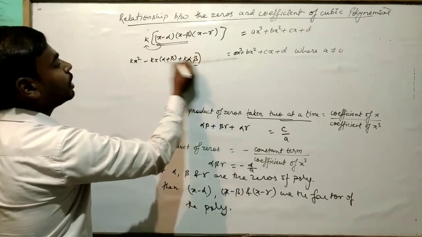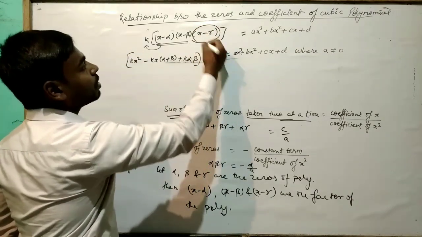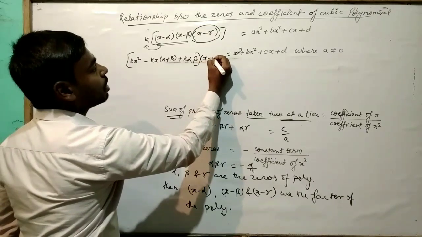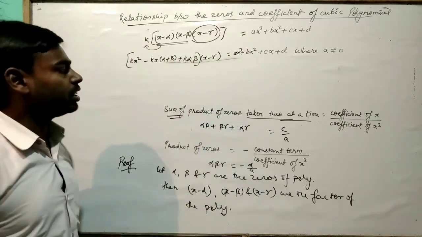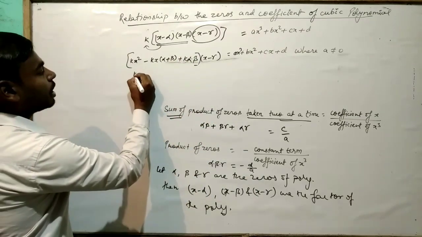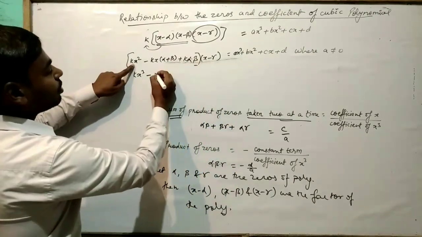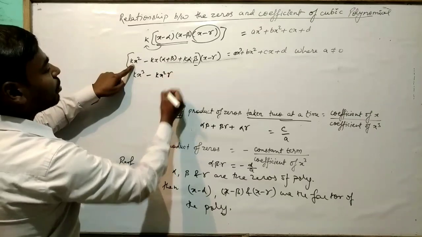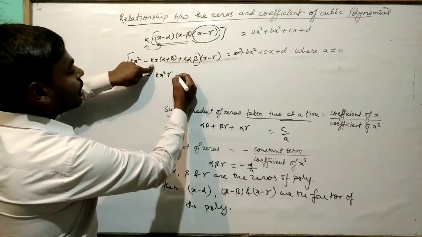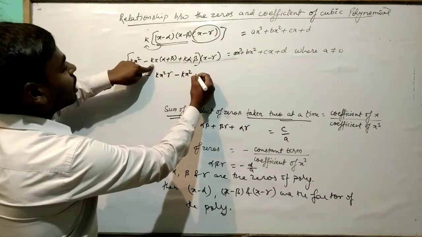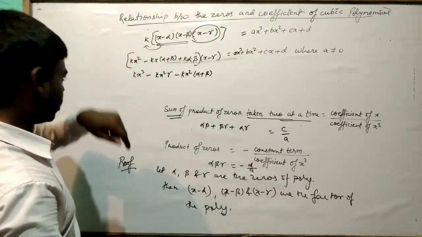We have already solved this. Now only this term is left, x minus gamma. Now we multiply it one by one. Then we get kx cube, first, minus kx square gamma, and then minus kx square alpha plus beta.